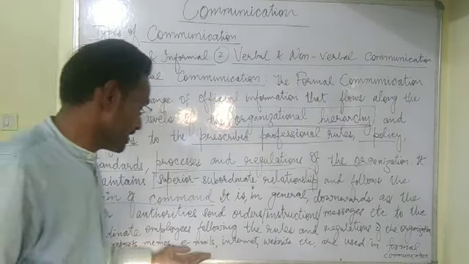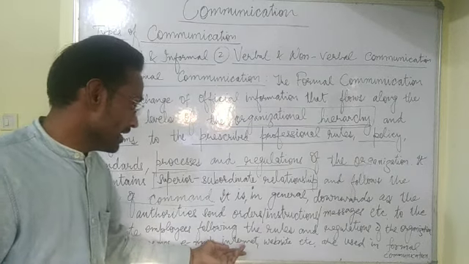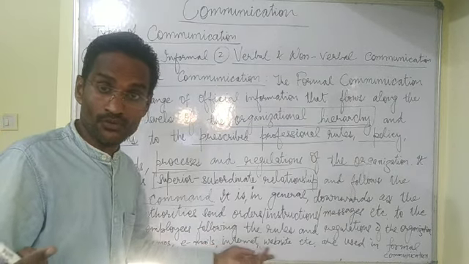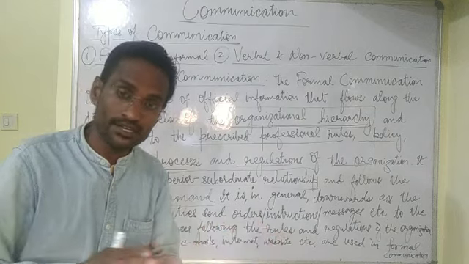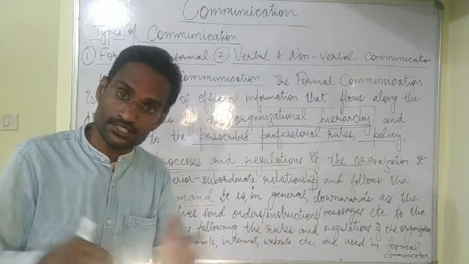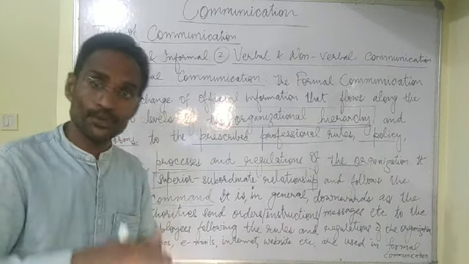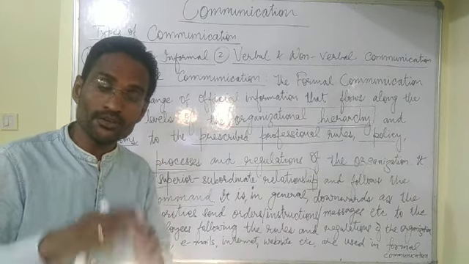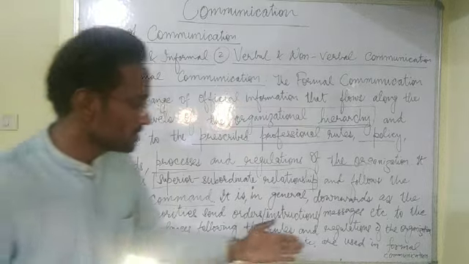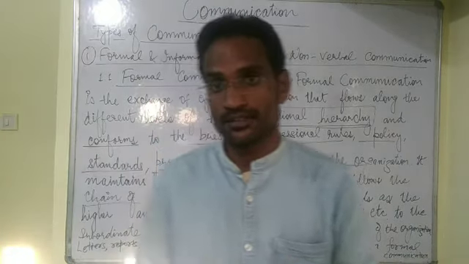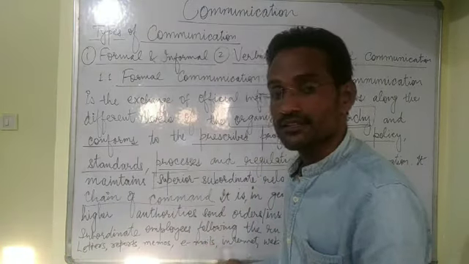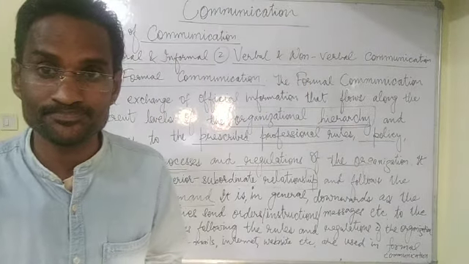Memos, emails, and on the internet and on websites, the information regarding the organization is given, or updates are posted on websites. So that is also part of formal communication. So these are the ways that are involved in formal communication.